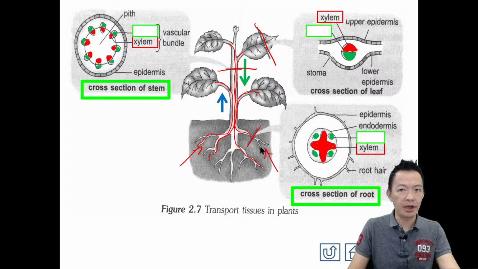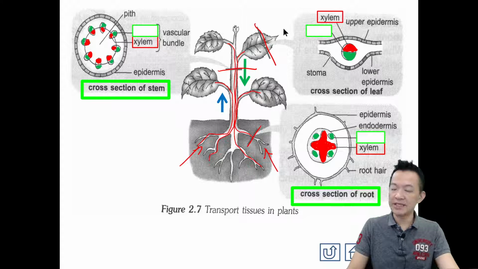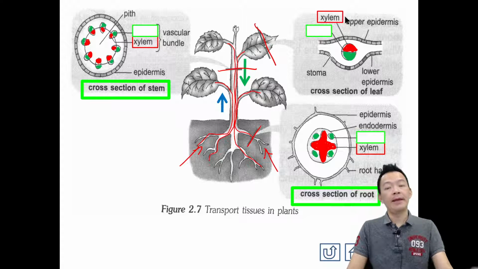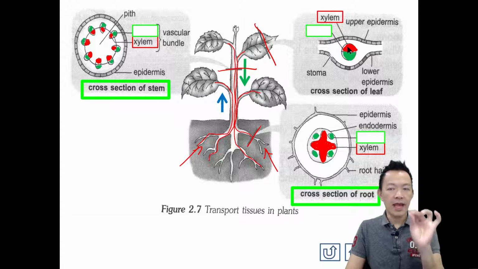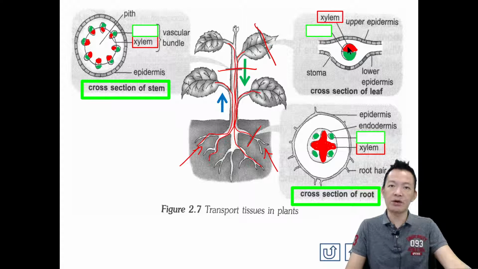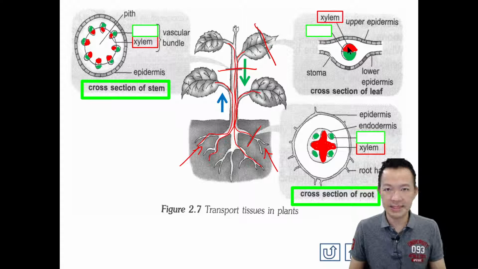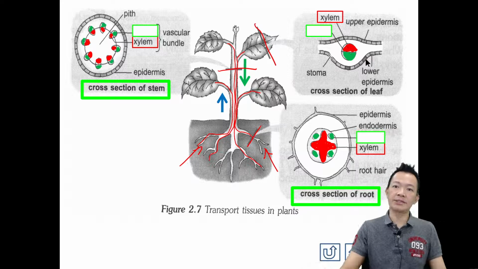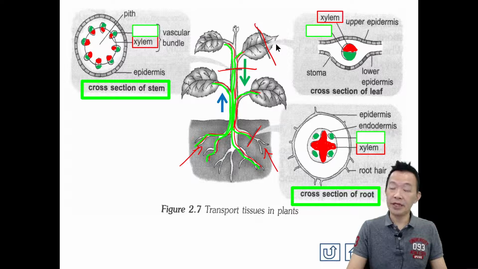The tissue is very long and hollow, right? So the water moves from the root to the stem and to the leaf, all connected. And the plant gets the water, carries out photosynthesis, and organic substances are produced. So who transports the organic substances downwards to other parts of the plant? The phloem tissue. So from the leaf, the phloem tissue is just beside the xylem tissue.